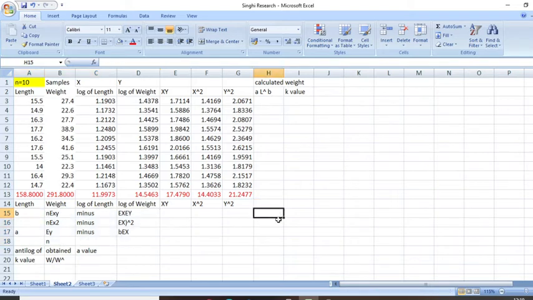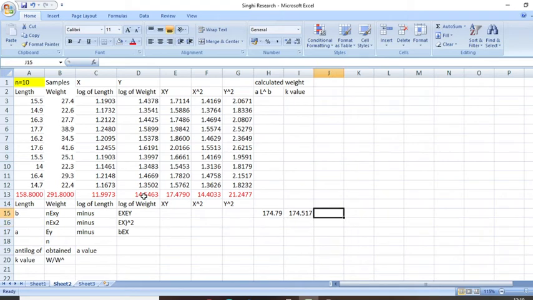So now we are going to calculate the b value. First we are taking the numerator: n, where n is 10, into summation of xy, then summation of x into summation of y.